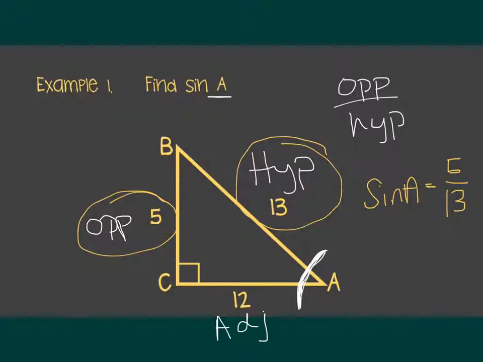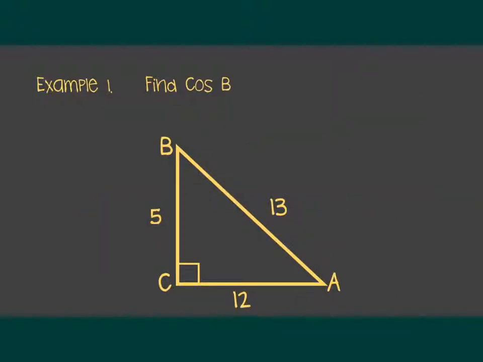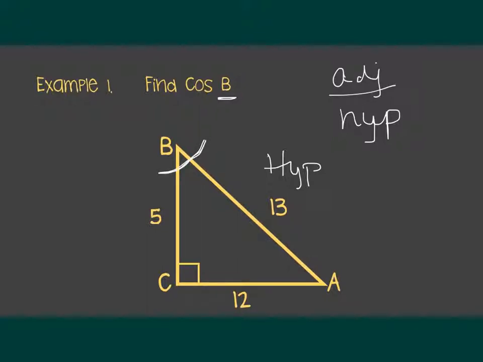Let's look at example 2. Find the cosine of B. Start by labeling our hypotenuse. Cosine is adjacent over hypotenuse. Okay, we're working with angle B, so I'm going to mark that angle. I'm going to label my sides. My adjacent is right next to my angle.